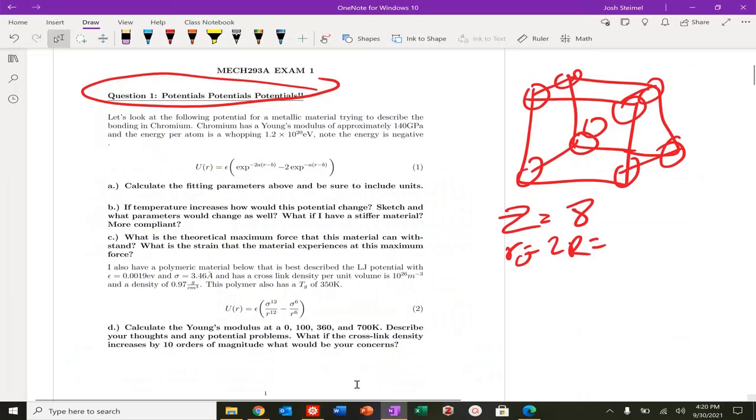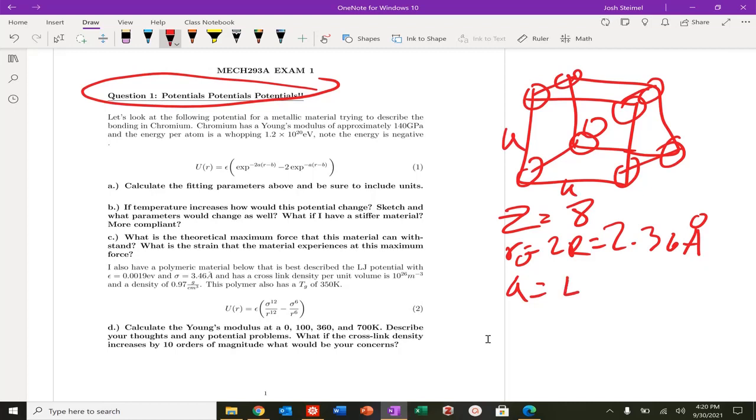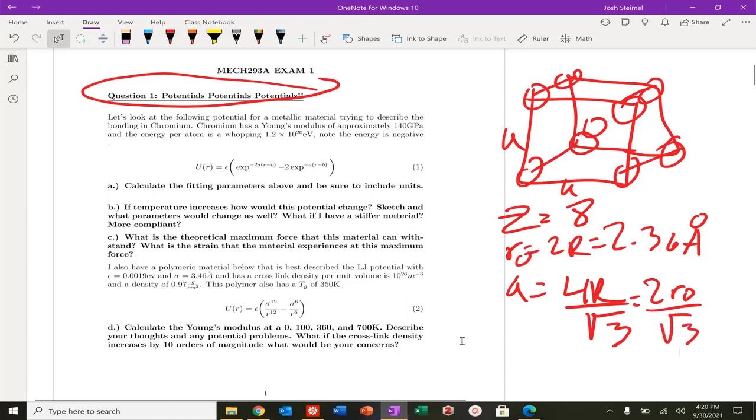So my R naught is going to be 2.36 angstroms. And we know in our unit cell, A is equal to 4R over square root of 3, or equal to 2R naught over square root 3. So these might come in handy a little bit later.